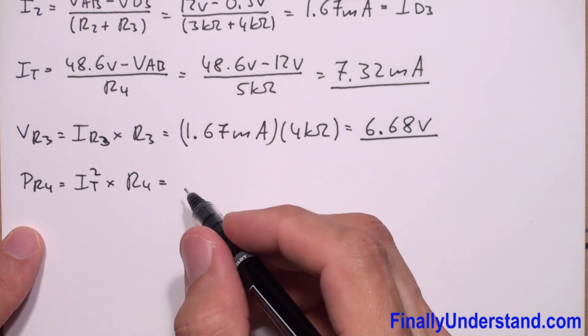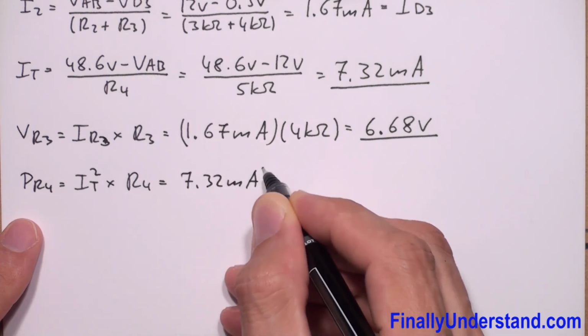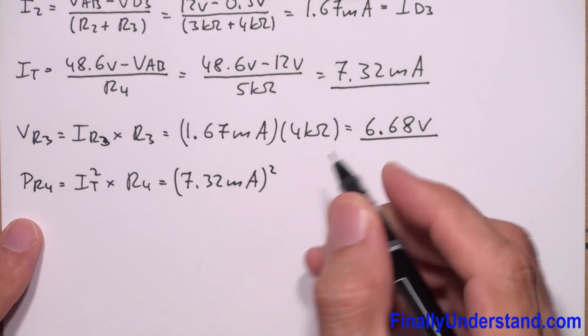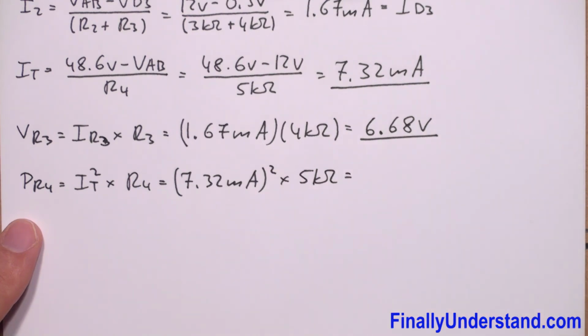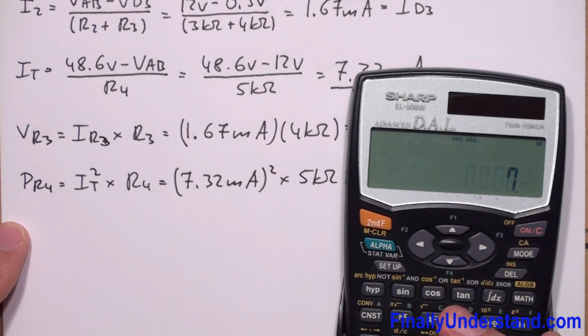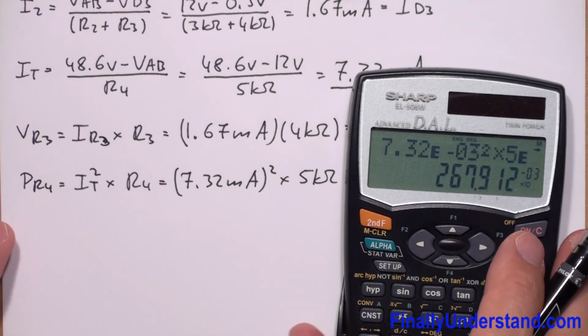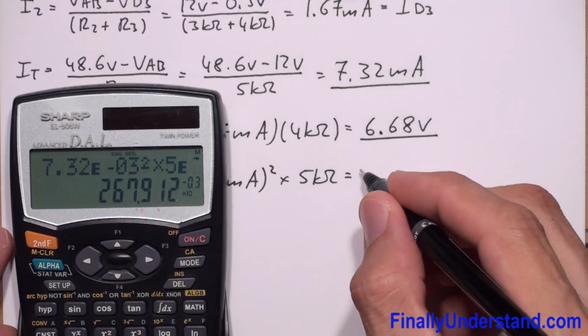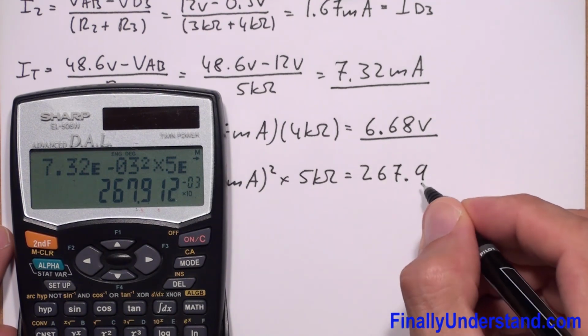So I total we found is equal to 7.32 milliamps to the second power times R4, which is equal to 5 kilohms. This is equal to 7.32 exponent 3 negative squared times 5 exponent 3. This is equal to 267.91 milliwatts.